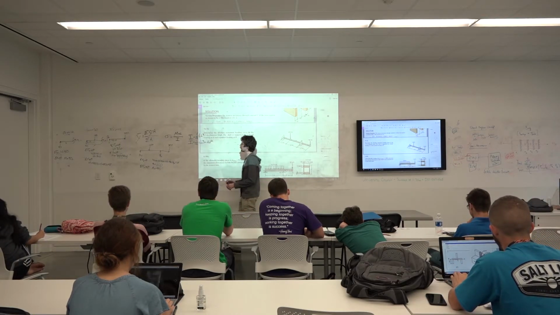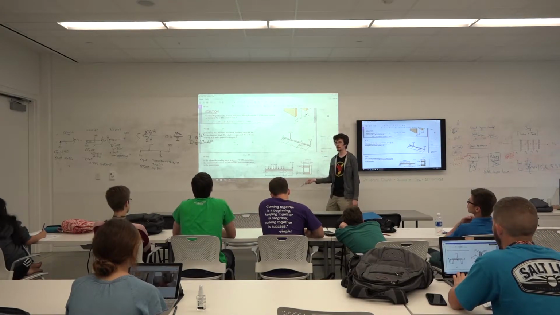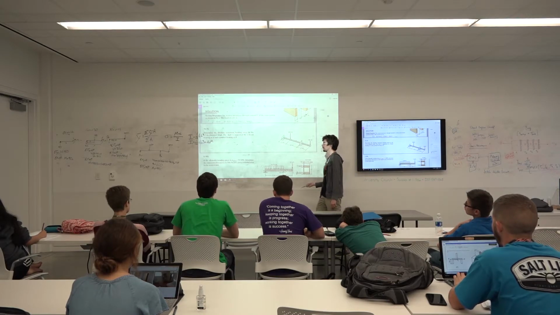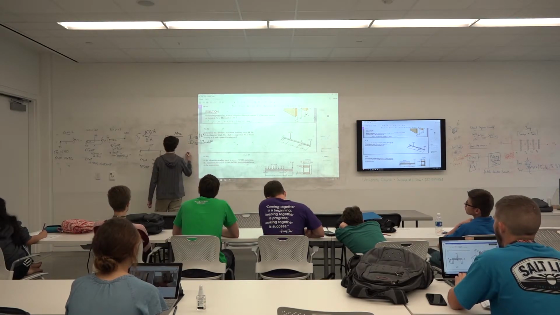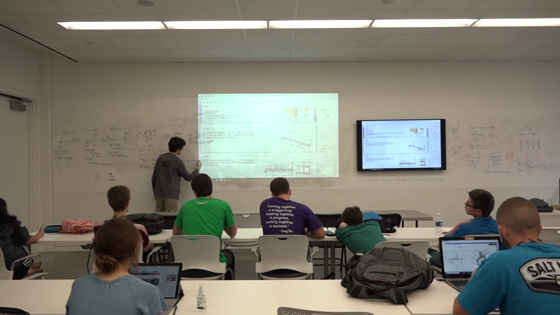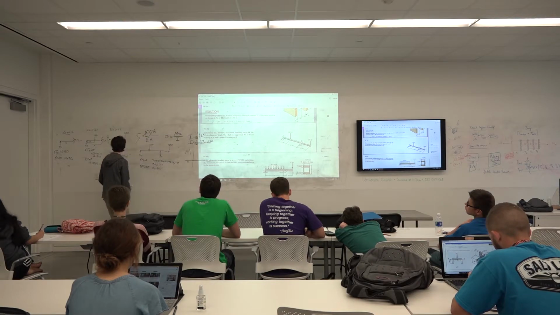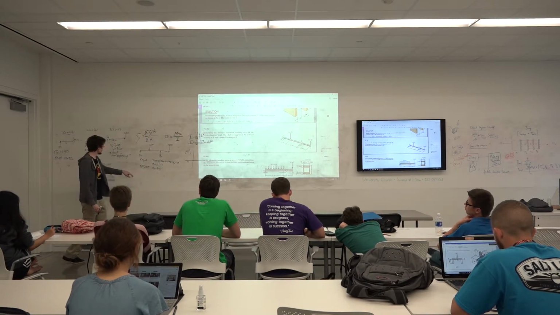To find the absolute maximum bending stress, we just need the max moment. We don't need the max shear, so I'm not going to bother drawing that. Just going to put the moment of x. And you can see from our equations, it's linear every single time.